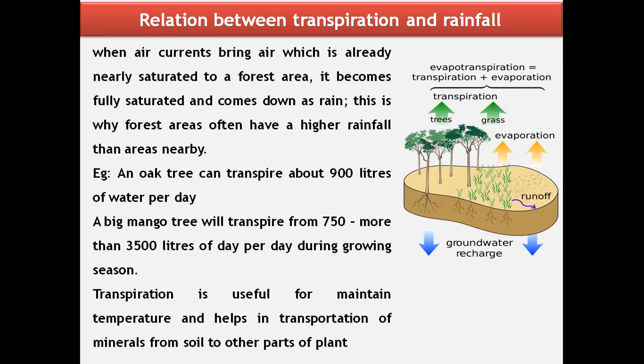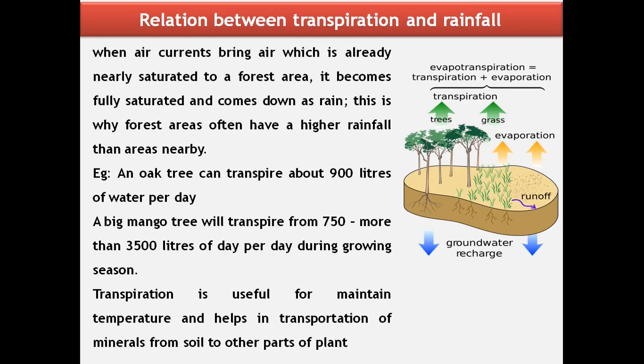The amount of water passing through the plant is often considerable. A huge amount of water is releasing out of the plants. For example, an oak tree transpires as much as 900 liters of water per day.